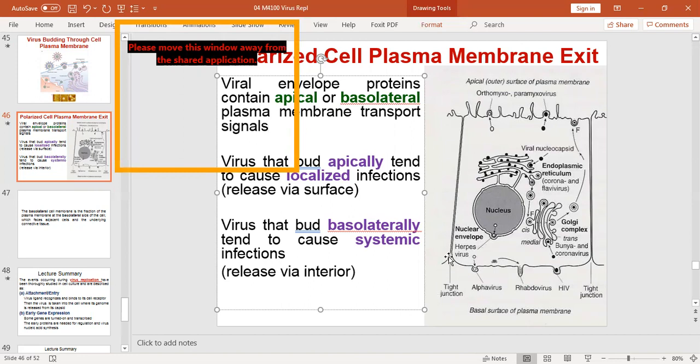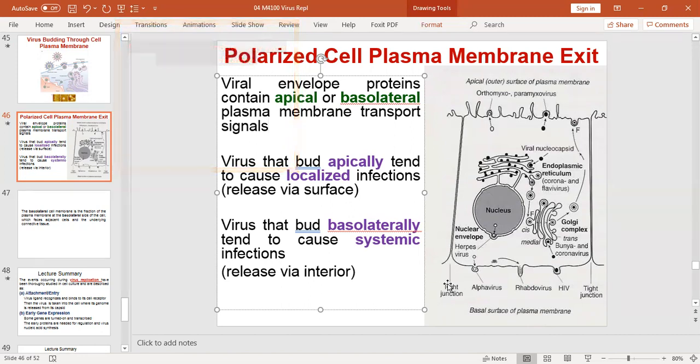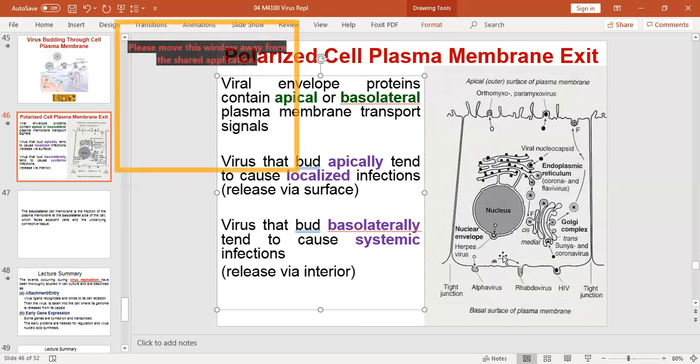Whereas those viruses that bud out of the host cell through its basolateral region tend to cause systemic infections. So apical exit, localized infection; basolateral exit, systemic infection. Viruses that exit basolaterally are called alpha virus, rhabdovirus, and HIV. These are just some examples of them.